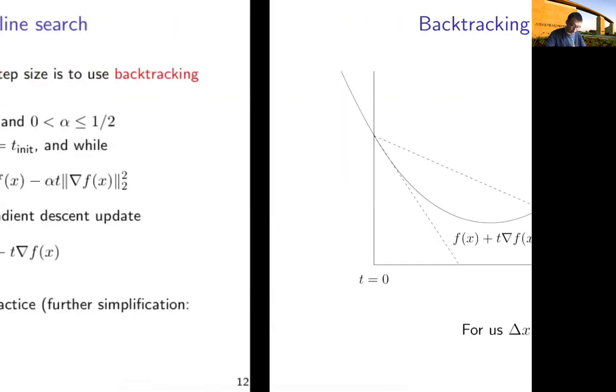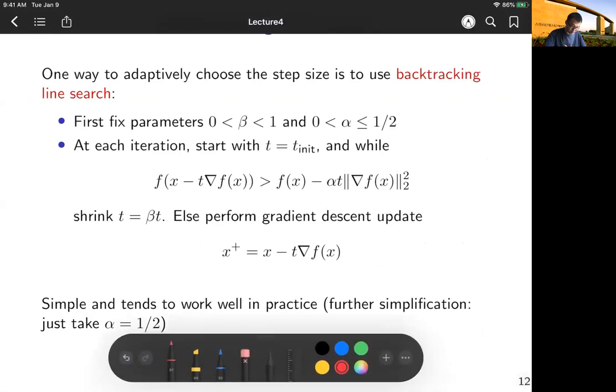Okay, so what do we mean by sufficient descent? By choosing the parameter t, we want to make sure that this condition is satisfied.